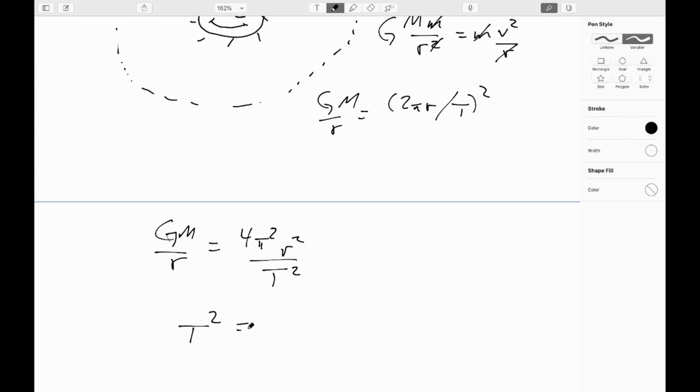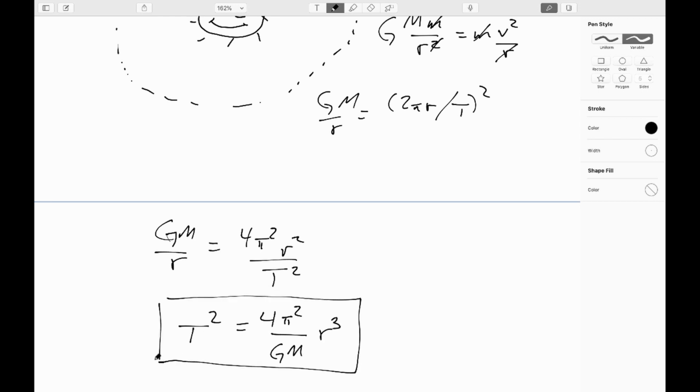You get T squared is 4 pi squared over GM times r cubed. So Newton was able to show that Kepler's empirical data fit worked by showing that that was a result of gravity doing its thing for an object in circular motion.